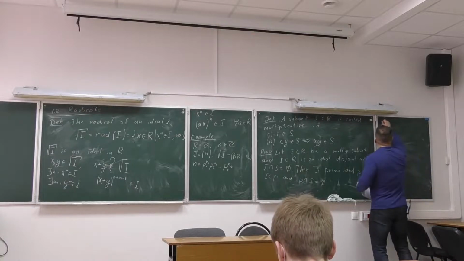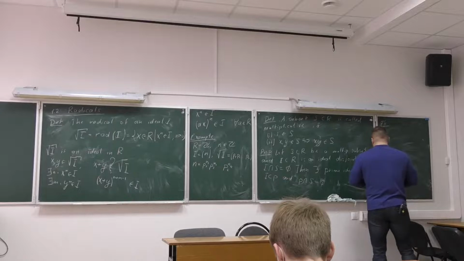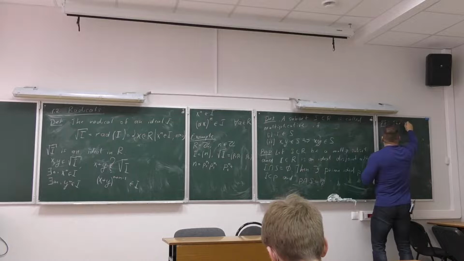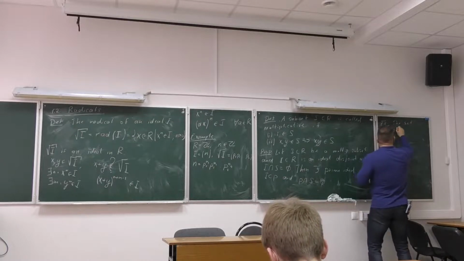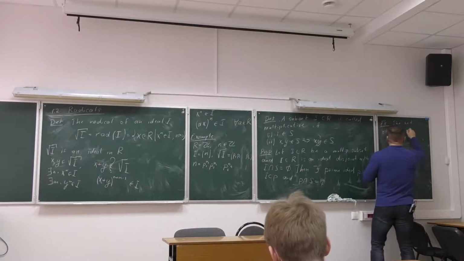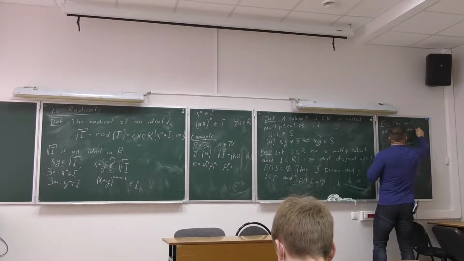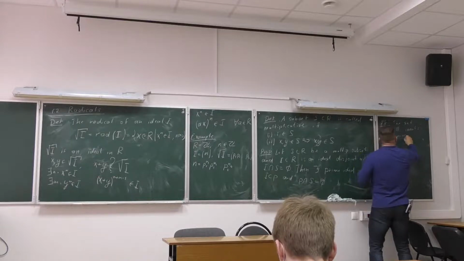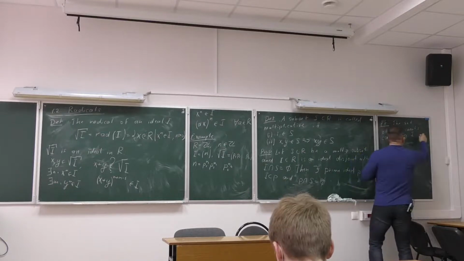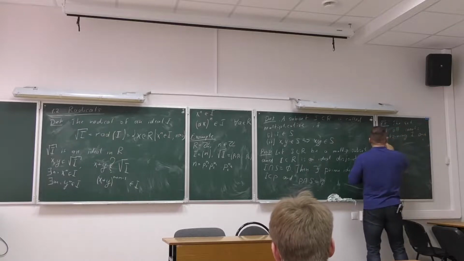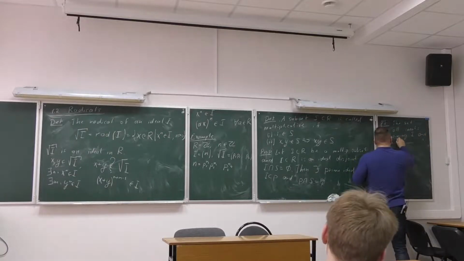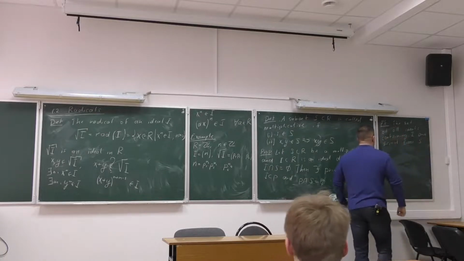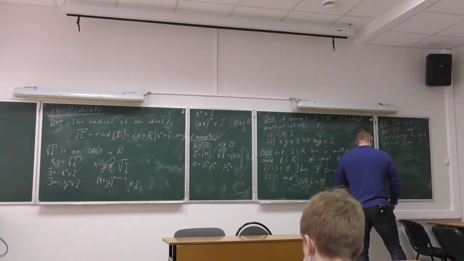Okay, so the proof is again based on Zorn's lemma. We consider the set of all ideals containing the given ideal I and disjoint from S. Using the same argument as in our first theorem, you can conclude that there is a maximal element.